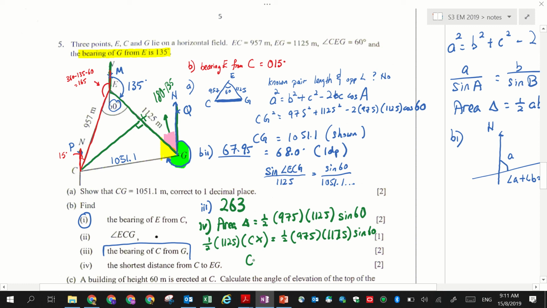Okay, so CX is basically, I press my own calculator. 374. This is the answer.